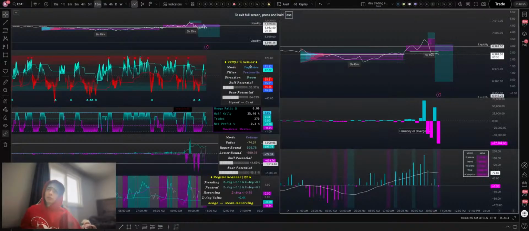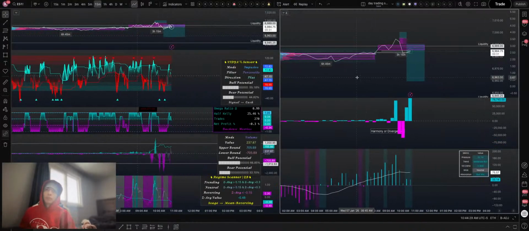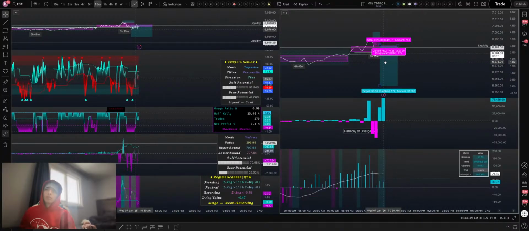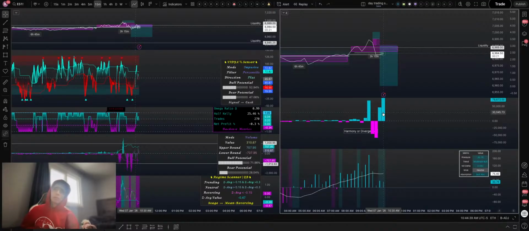So I don't know if we just want to take profits at the low. If this closes bearish, then it's good. If this closes bullish, then we'll probably just exit the trade.